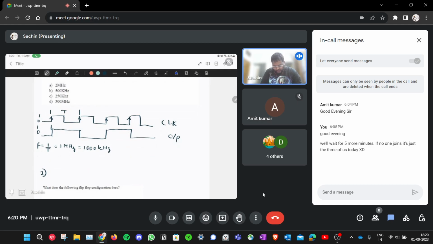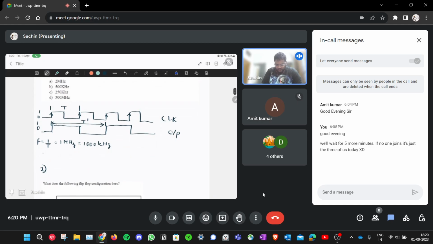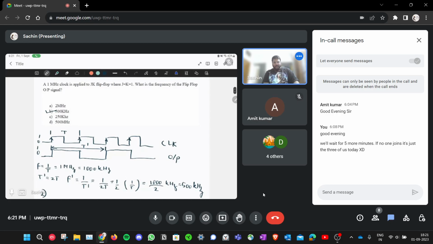You can see that the time period, if you call it t dash, is 2 times t. So the frequency of the output signal is 1 over the time period of the output signal, which is 1 over 2t. So it's half of 1 over t. 1 over t is 1000 kilohertz, so it's 1000 by 2, just 500 kilohertz. That's the frequency of the output signal.